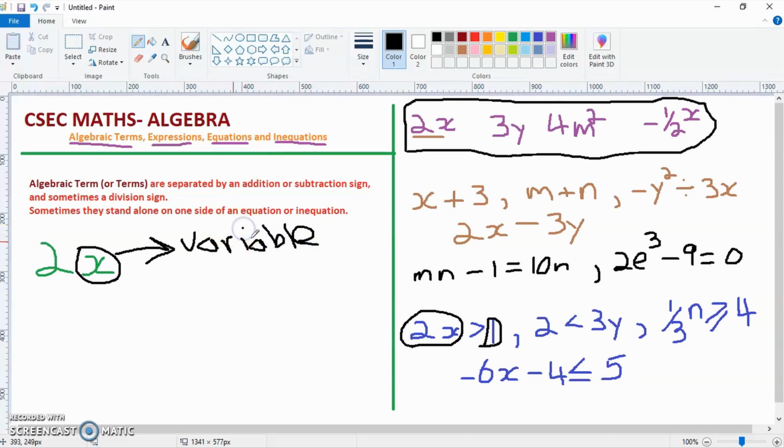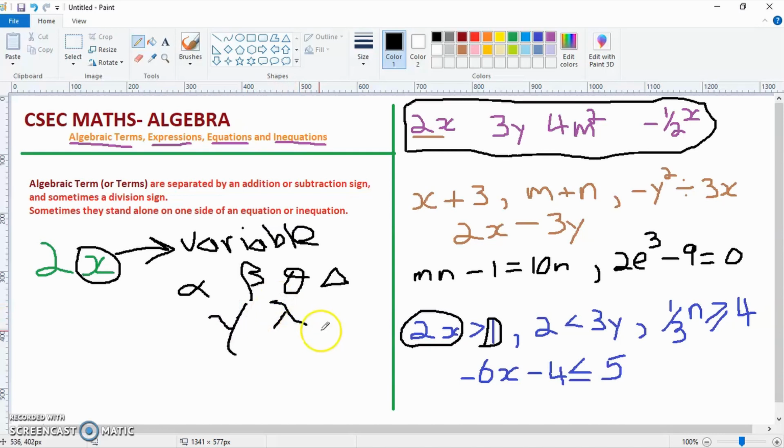It's usually a letter in the English alphabet or in the Greek alphabet. So sometimes you might see variables like alpha, which is the Greek letter for A, beta, another variable, which in the Greek alphabet is the letter for B. You also have theta, delta, gamma, and lambda.